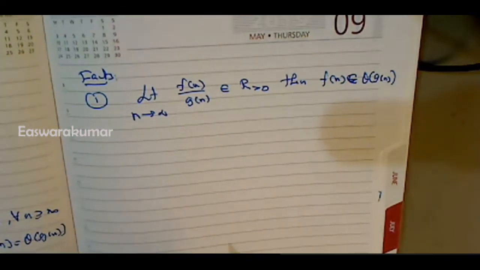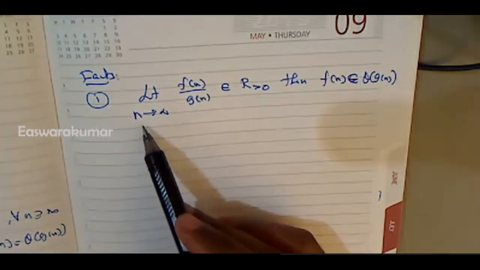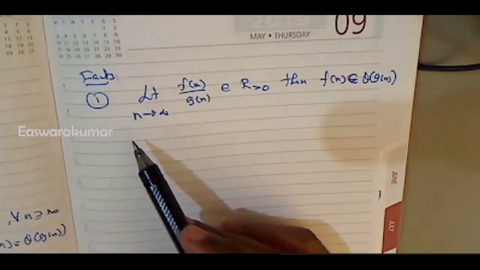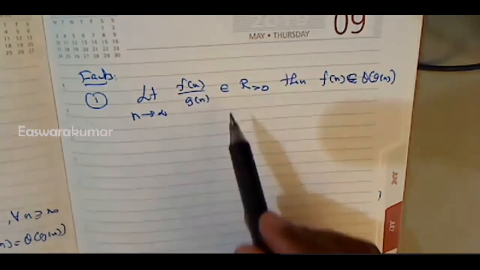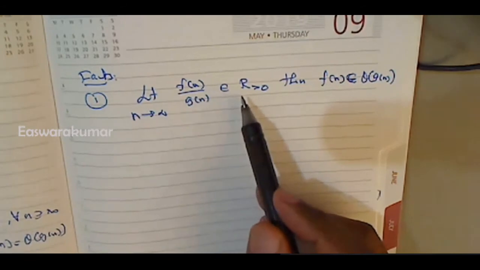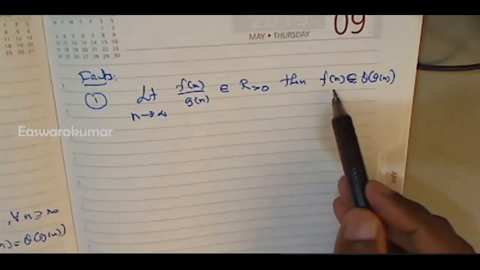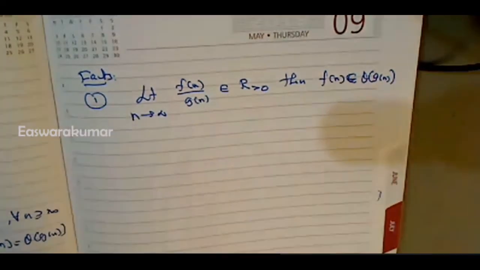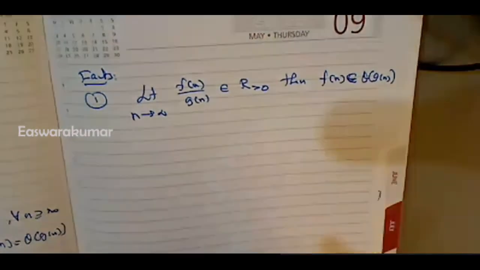So here what it says is, if you take f of n by g of n and make n tend to infinite, that is when you take larger instance size, and that value is some positive real number, then straight away we can say that f of n belongs to theta of g of n. That means this g of n is the exact complexity. Theta means exact complexity, so this notation you can use.